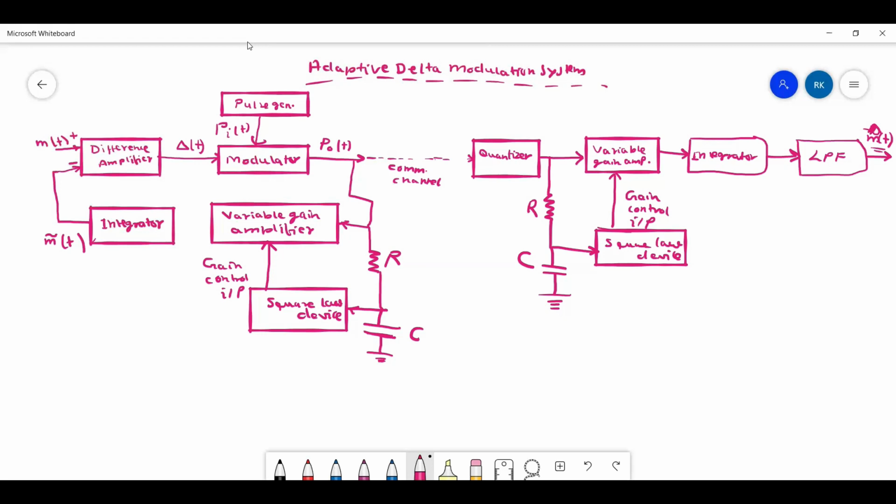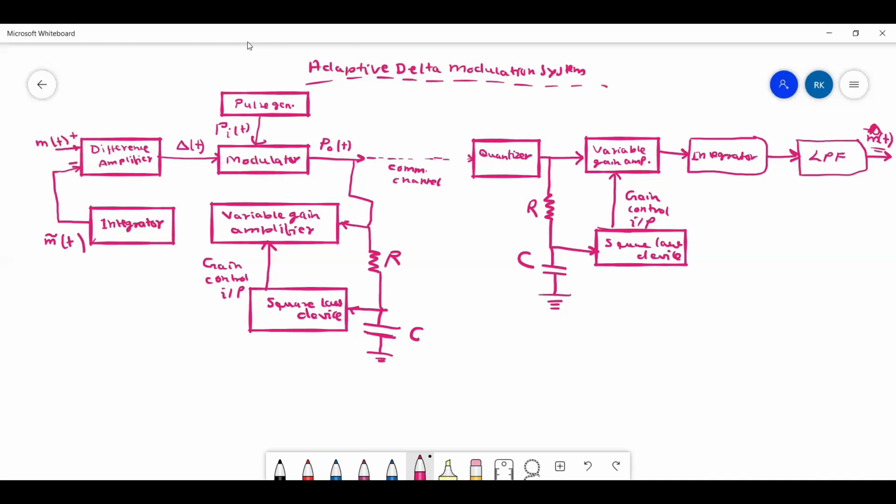If it is a sequence of large positive or large negative values only, the RC will give a peculiar output. If it is alternating between positive and negative value, the output will be different, and the output in this case is 0. Okay, so that is the logic behind adaptive delta modulation system.